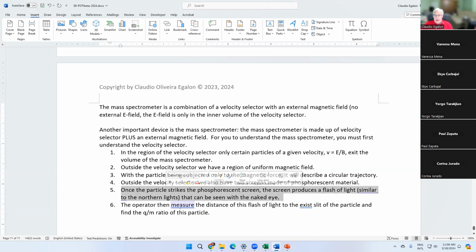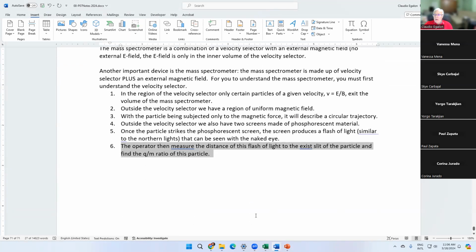Once the particle strikes the phosphorescent screen, the screen produces a flash of light, similar to the northern lights, that can be seen with the naked eye. The operator then measures the distance of this flash of light to the exit slit and finds the charge to mass ratio of the particle.